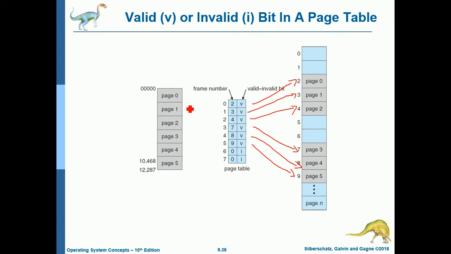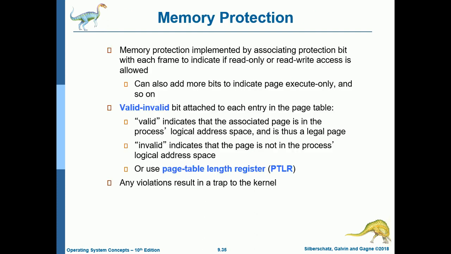So for these 6 pages, using the valid or invalid bit, they're all V. They're all valid because they all exist in the logical address space. For pages 6 and 7, since they do not exist in the logical address space, the valid-invalid bit is I. As you can remember, valid means the associated page is in the process logical address space.